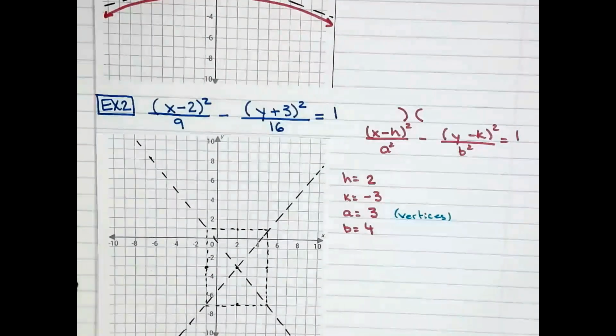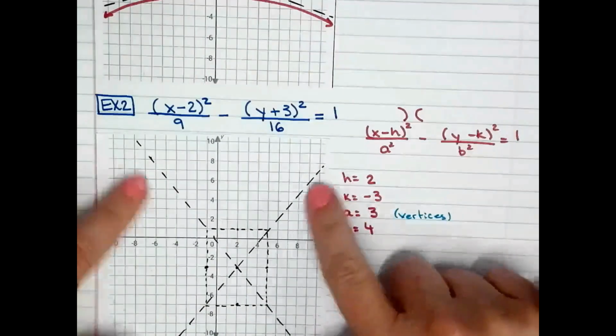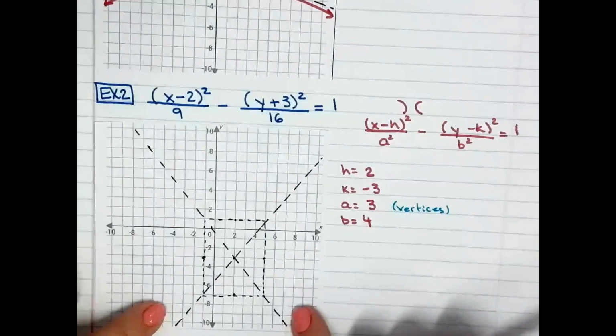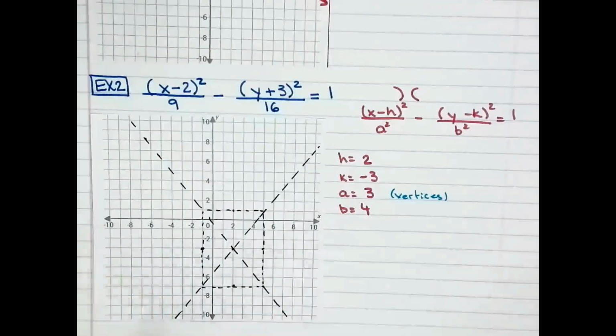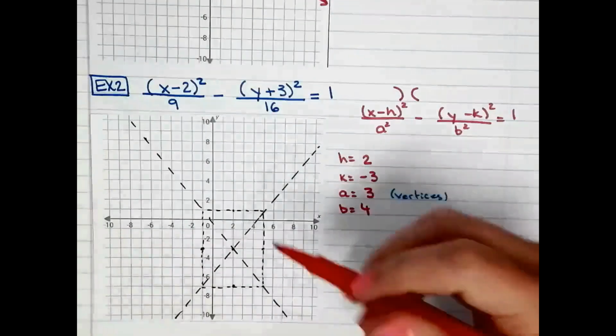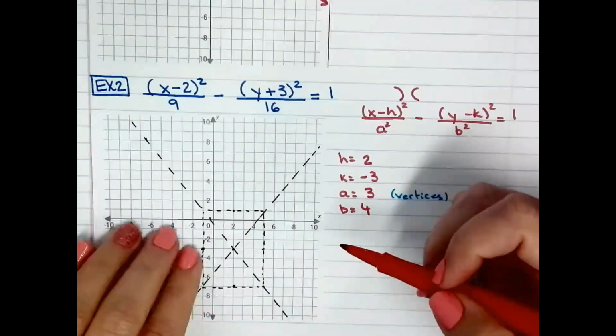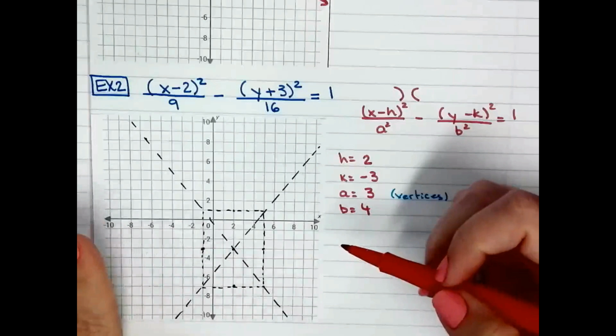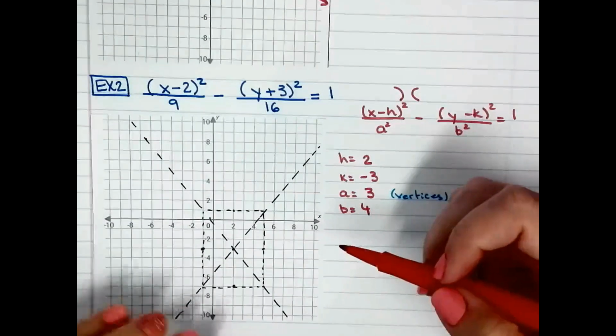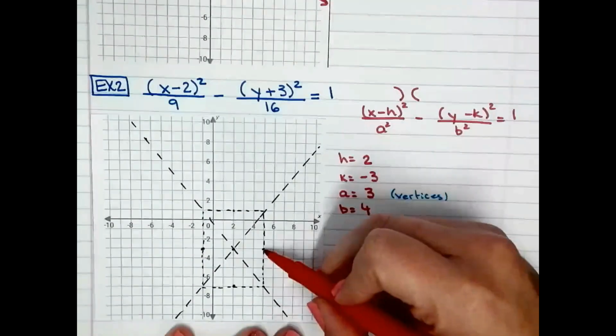Okay. We already know the hyperbola is opening side to side. I have all my guides right there. So everything in black and it's dotted, it's not part of the graph. These are all my guides.